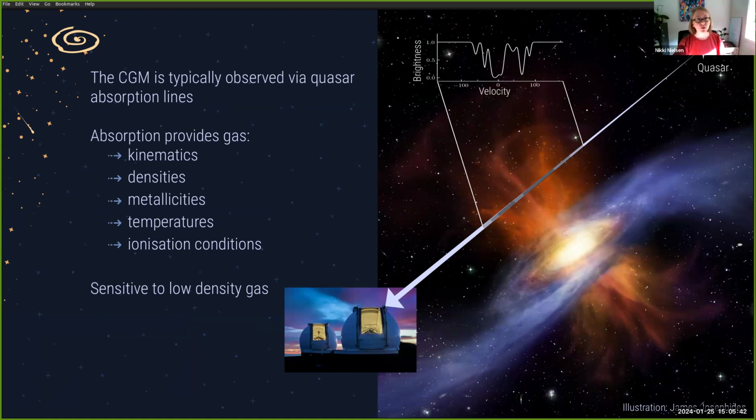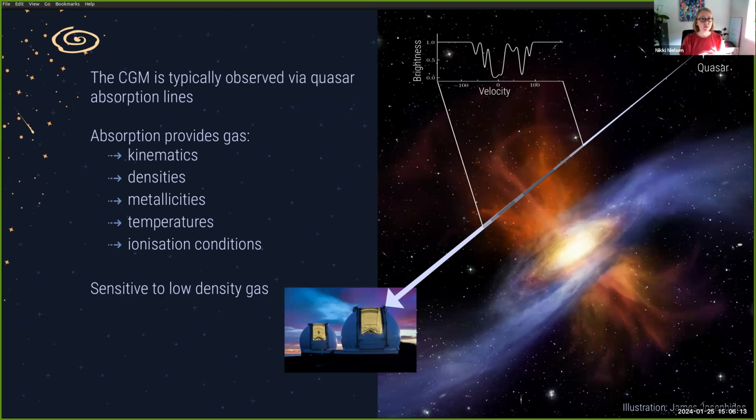Because the CGM is so diffuse and quite extended, we typically observe it using quasar absorption lines. So we've done this for several decades at this point. And that's where you have a bright background source, in this case a quasar, whose light passes through the CGM of a foreground galaxy. That gas then imprints absorption onto the spectrum, and we get all this great information such as kinematics, densities, metallicities, etc. And the great thing about quasar absorption lines is it's sensitive to low density gas.